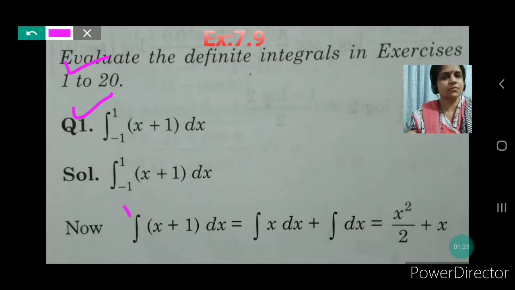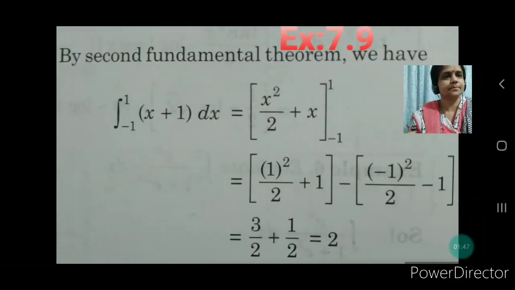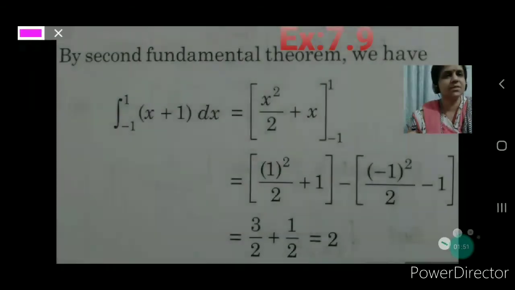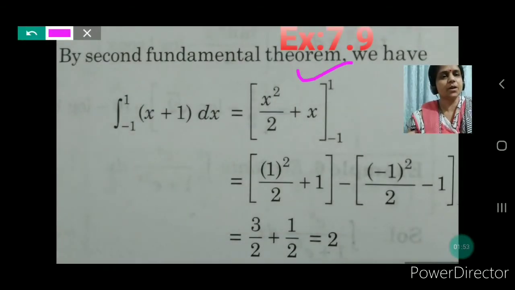For this question, students, first write the integral of x dx and the integral of dx in separate terms. Then the integral of x is x square by 2 and the integral of dx is x. For the next step you have to write the values, meaning the upper limit and lower limit.